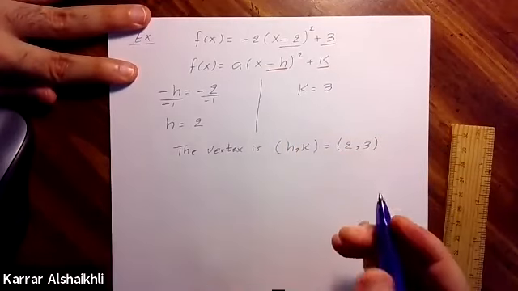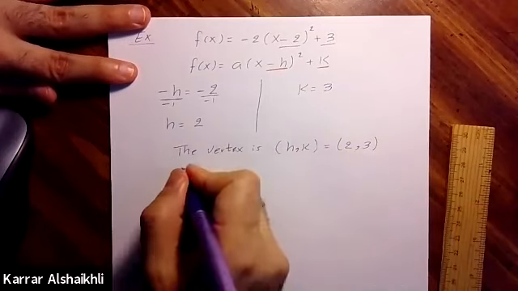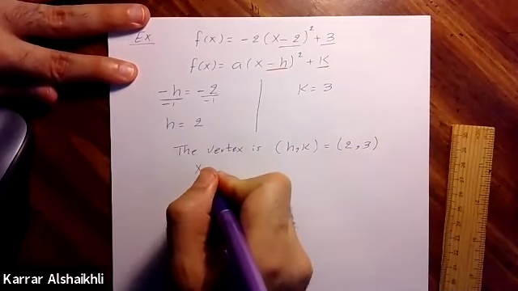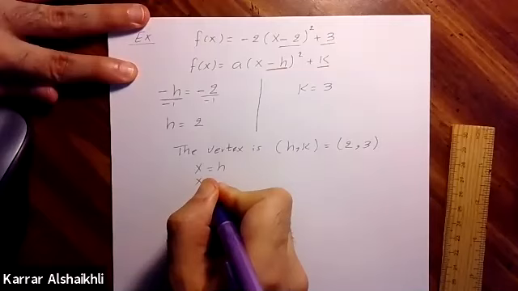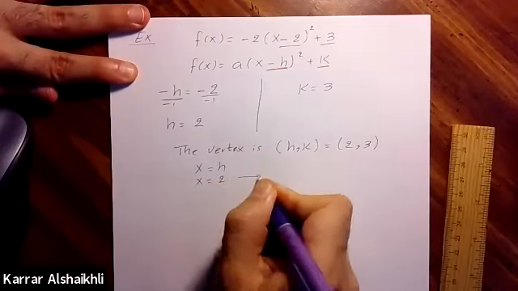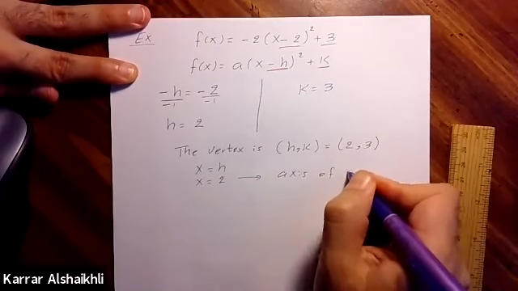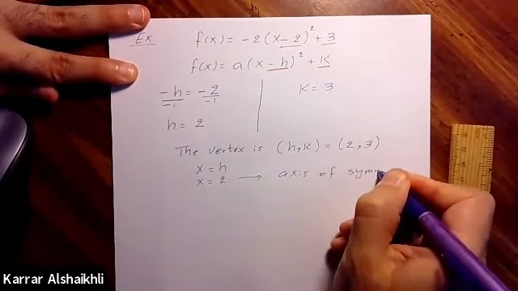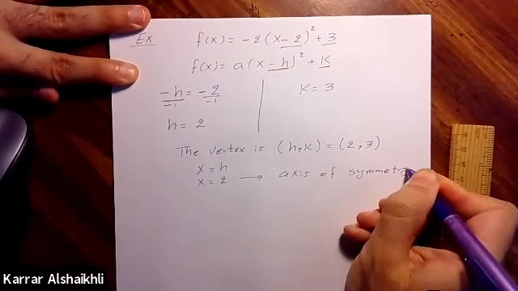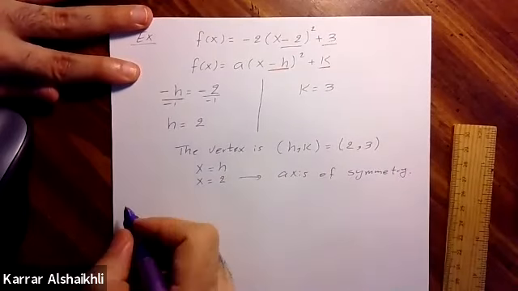That's it for this example. If they ask you to find the axis of symmetry, you're just going to say x equal h. That means x equal 2. This is the axis of symmetry. That's it for this example.